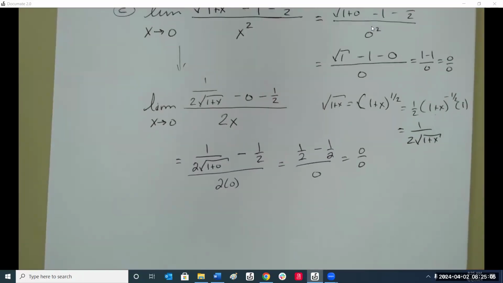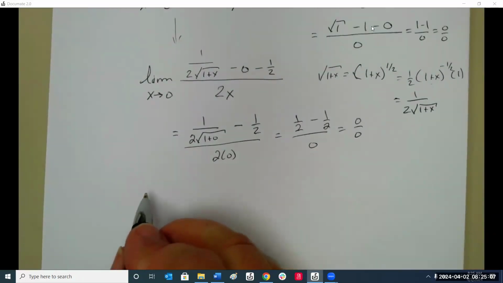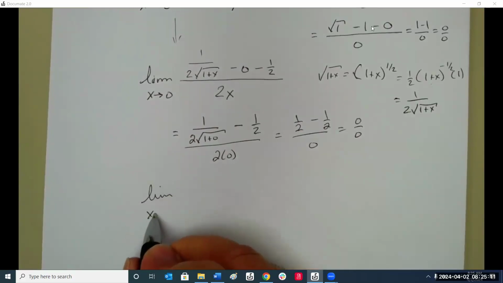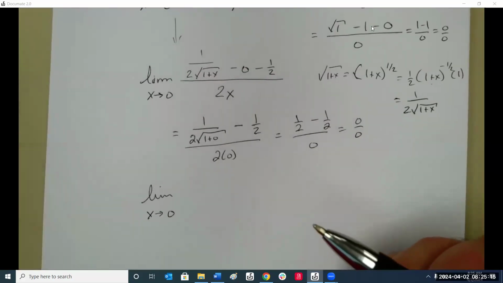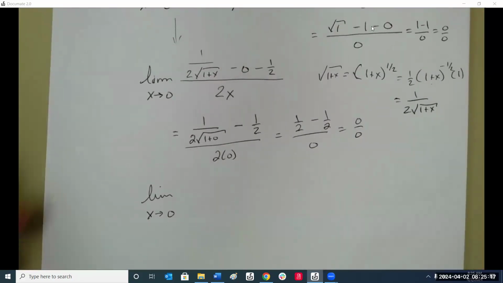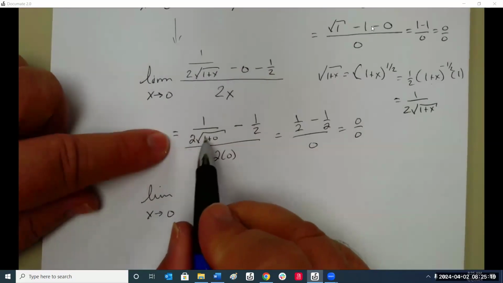We have to do it again. To answer your question earlier, do we take it again? Yeah, we take it until we need to. So now we're only using this equation.